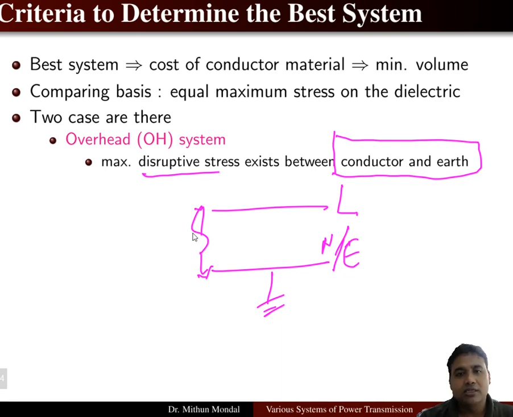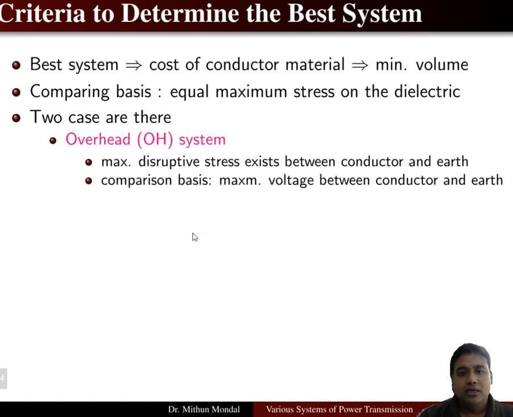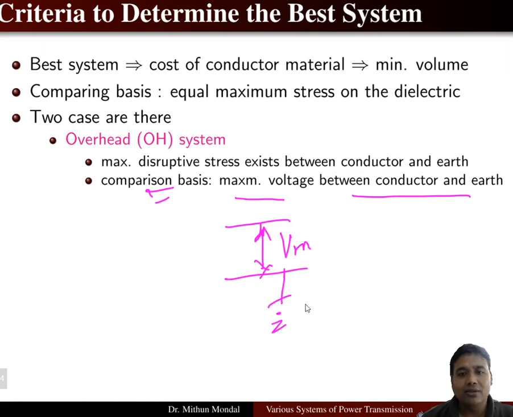So the comparing basis would be the maximum voltage between a conductor and the earth. Here you take Vm and then you ground this. So the maximum voltage between the conductor and earth would be the comparison basis for the overhead system.